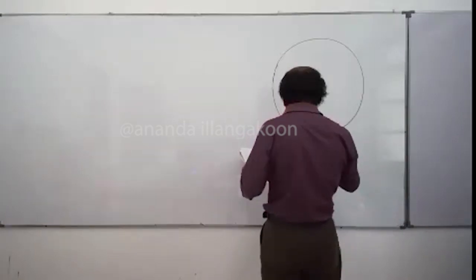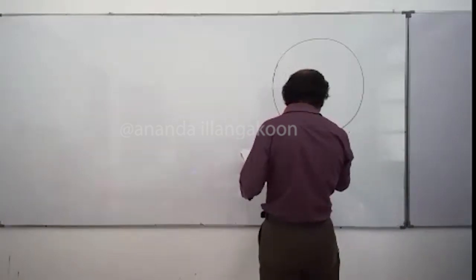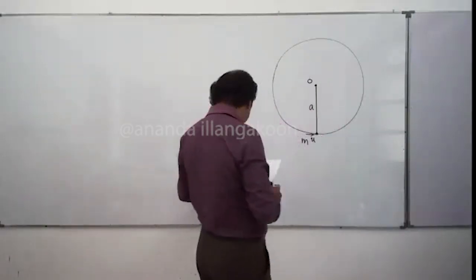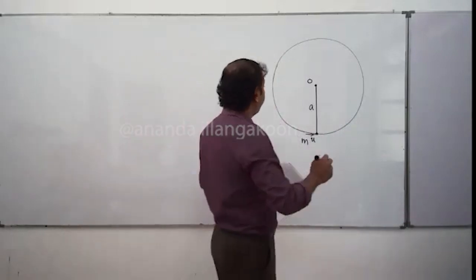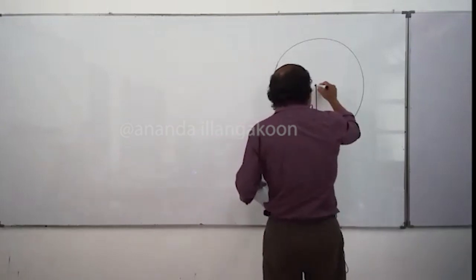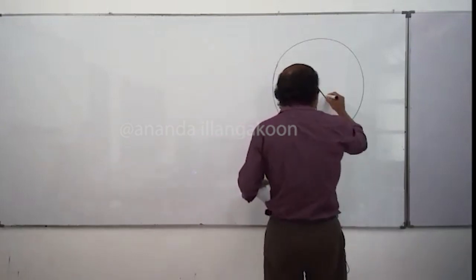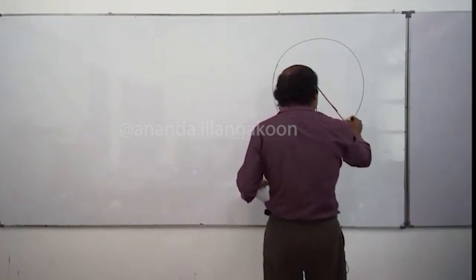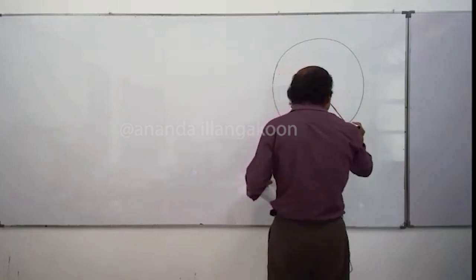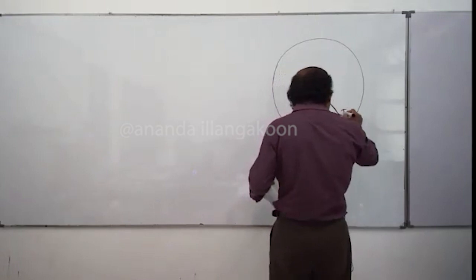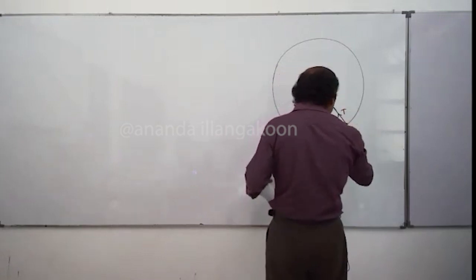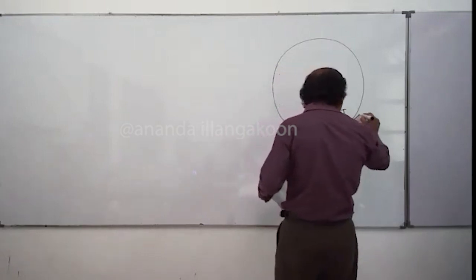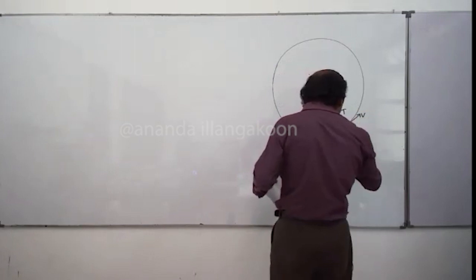Let us take the mass of the particle as m, given a velocity u. Now once the particle reaches a position like this, I'll take the tension in the string as T, this angle theta, velocity v, weight mg.